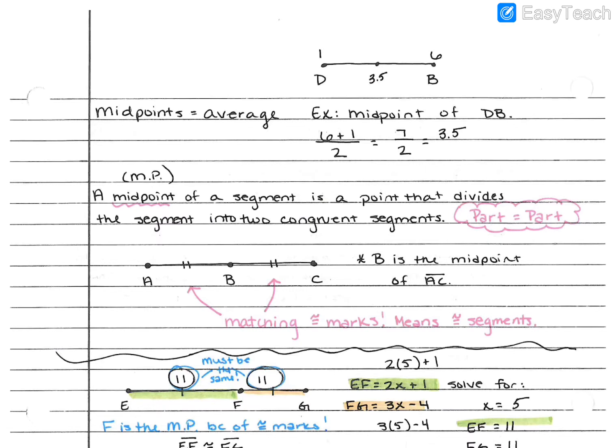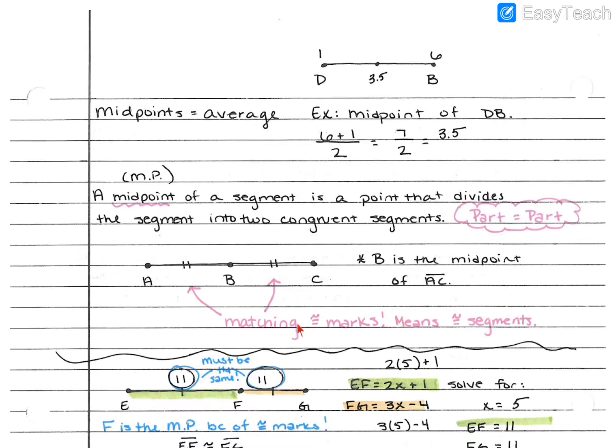So a midpoint of a segment is a point that divides the segment into two congruent segments. That is another vocabulary term we have not yet defined, but a midpoint is just going to be the center of a segment. It's going to divide a segment into two congruent segments. So if B is the midpoint here, it's going to be exactly in the middle of A and C. And you'll notice it says B is the midpoint of A and C. We have these symbols here, and those symbols are what we call congruent marks.